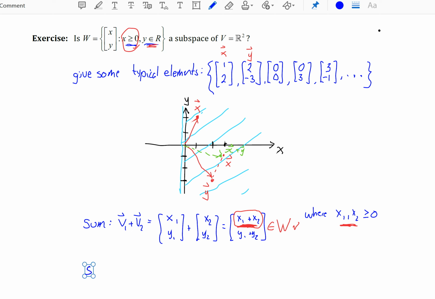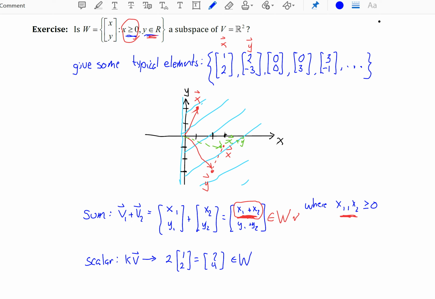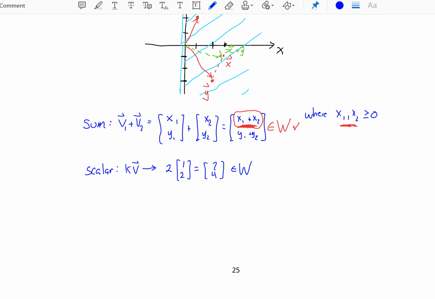How about the scalar multiplication? Would some scaled version of a vector in this W still be in W? So maybe you could look at 2 times the vector 1, 2. This would be equal to the vector 2, 4. And that's still in W. But now I would like to ask you to be creative. Will this always be in W?